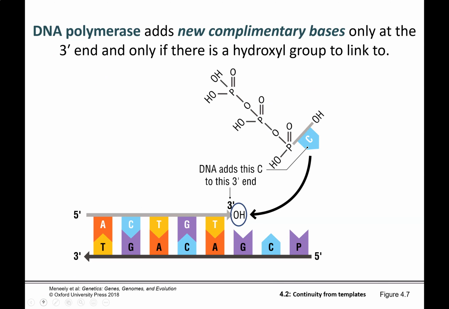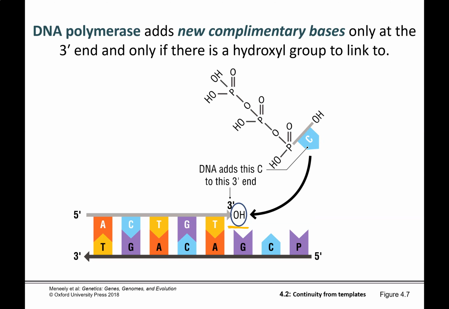Now remember that in order to add a new nucleotide to our DNA strand, we have to have a free 3' end. Now, DNA polymerase works by adding the next complementary base to that 3' hydroxyl group.